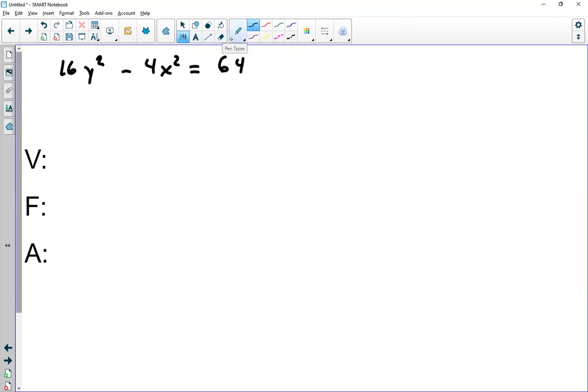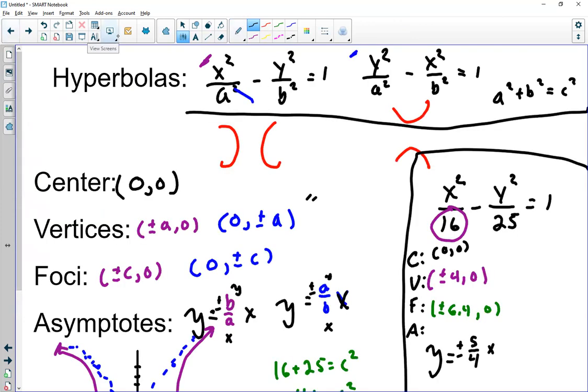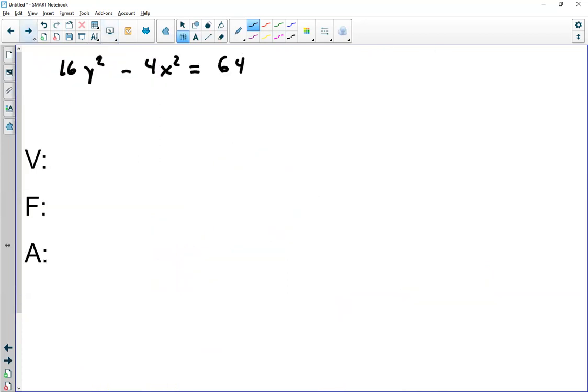Now you're looking at it, you're like, wait, this is not in the form I know. In the form you know, it always equals 1. That is the ultimate goal. So I don't care what works or what doesn't, if it's clean or not, you have to make it equal 1. For you guys, it will be clean, but you have to make it equal 1.